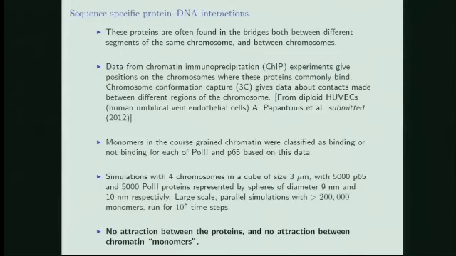And then these were parallel simulations with about 200,000 monomers in total, and it took around 10 to the 8 simulation time steps, and that was on a 48 core machine that took about 2 weeks to run. So they're quite large scale simulations. And again, there's no attraction between the proteins and no attraction between the different chromatin monomers.